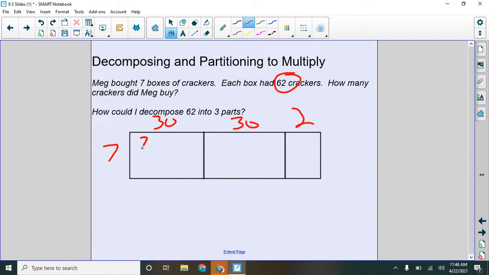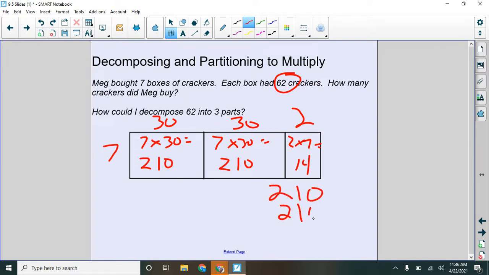So we'd have 7 times, I'm thinking about the answer already. 7 times 30, which equals 210. Another 7 times 30, which equals 210 again. And then 2 times 7, which equals 14. We put those all together.